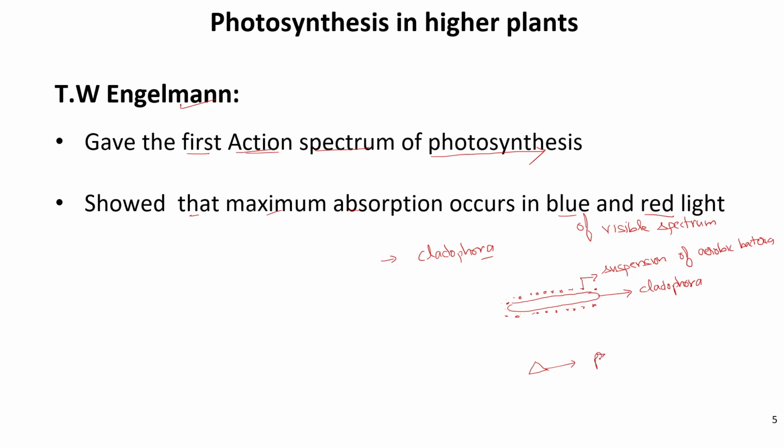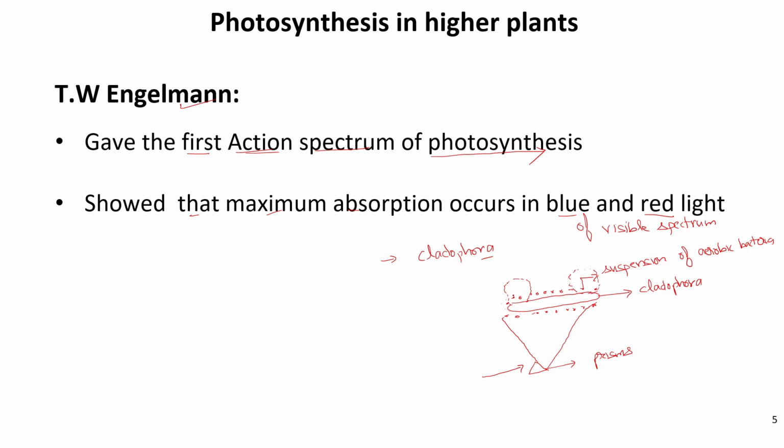What is the role of the prism? It scatters the light into its components. So here light was given, and using prism, light was split into its components. Suppose, and what was observed, that there was accumulation of bacteria here in this region and in this region.